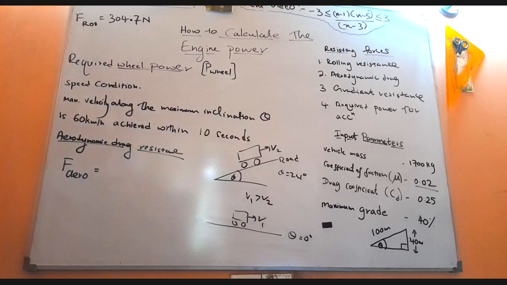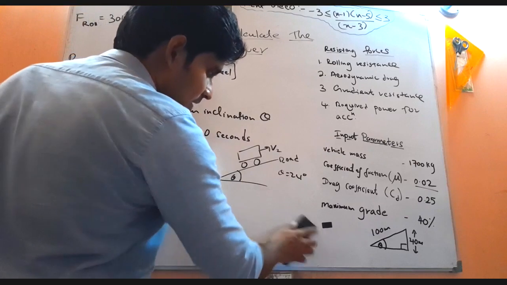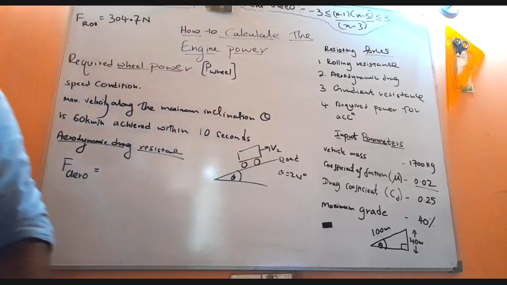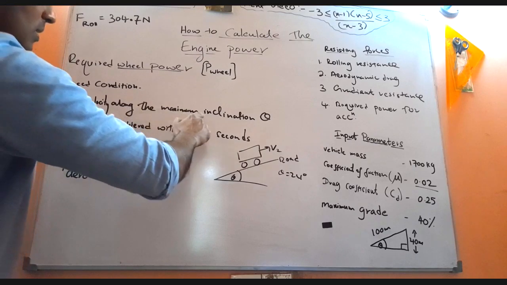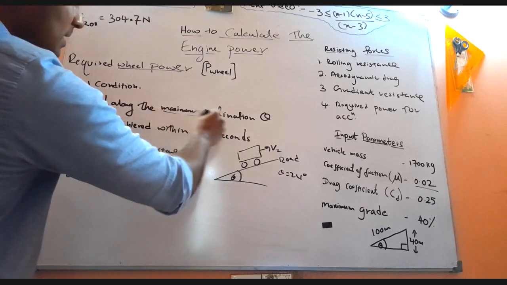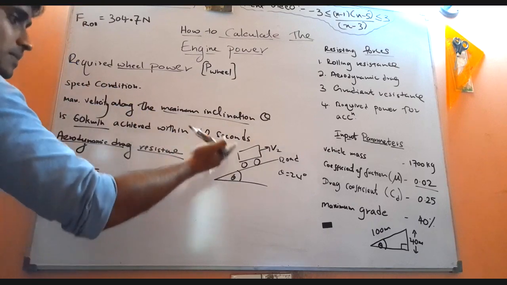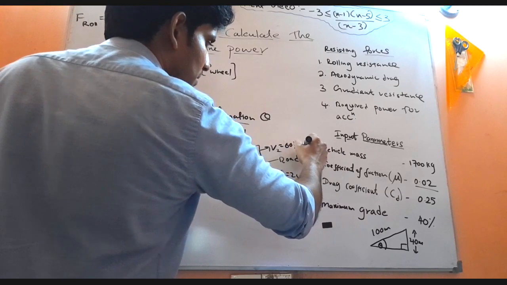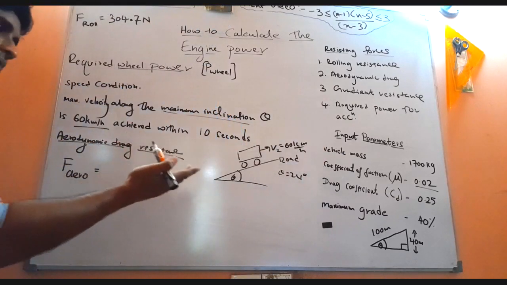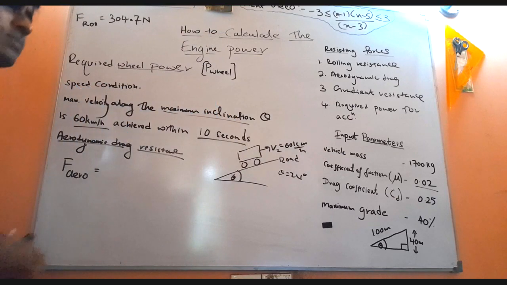So because of that, when you consider the inclined scenario, we have defined that the maximum velocity along the maximum inclination theta is 60 kilometers per hour. So what is the maximum velocity here? v2, 60 kilometers per hour, which is attained within 10 seconds. What do you mean by 10 seconds?